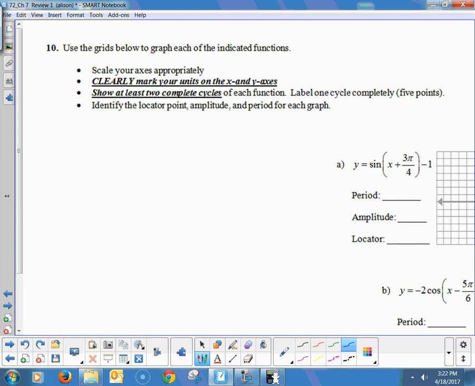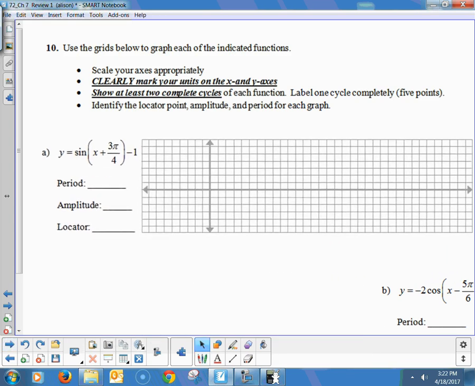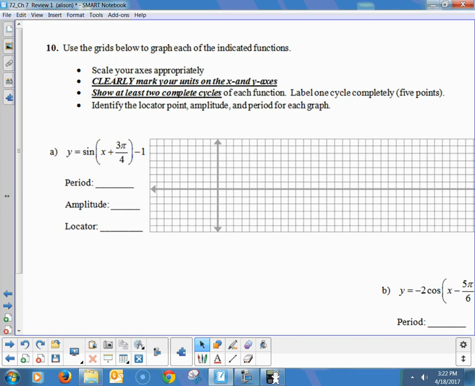Here we are at number 10, doing a little bit of graphing. And so we're supposed to graph this crazy function. Well, let's start with a period. Period is determined by the b value. My b value is 1, so that means my period is exactly 2 pi.